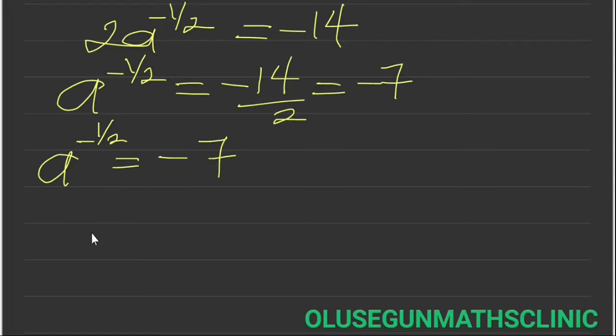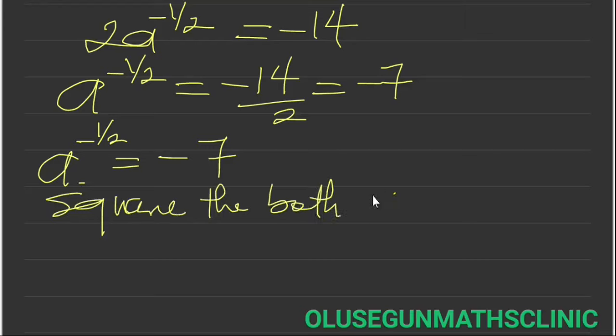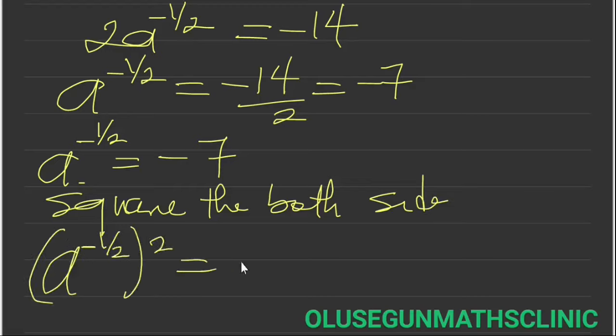Now, in a way to make a the subject of the formula here, let's square both sides of the equation. So, we have a raised to power minus half, all squared, is equal to minus 7 squared.